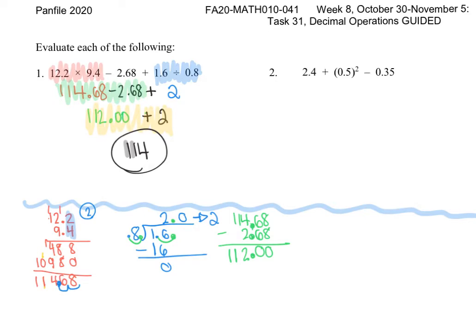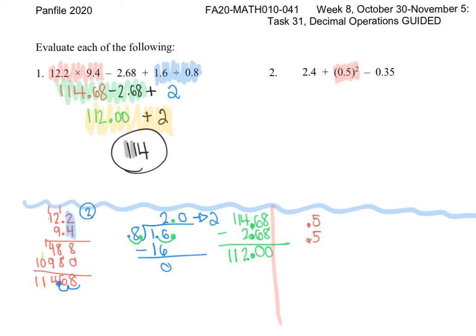All right, for this next one, I look and I have parentheses, but there's nothing to do inside my parentheses. So the next step I'm looking at is an exponent, which really, if I'm talking about what that looks like, that's 0.5 times 0.5.